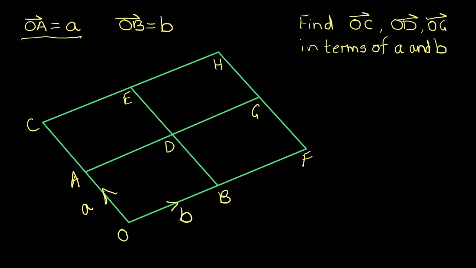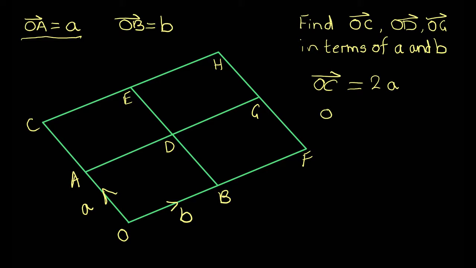And OC, I think you can see, is fairly straightforward. It's just a longer version of OA. Now I'm telling you that this diagram's all supposed to be symmetrical, and so A is the midpoint of OC, so that means that OC will just be twice as big as OA, and it will be 2A.